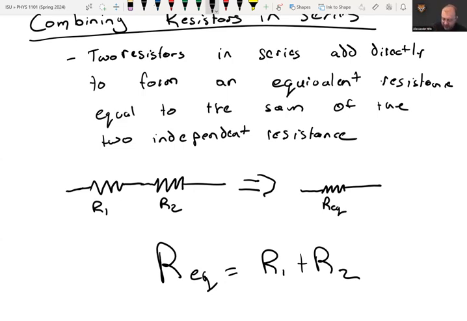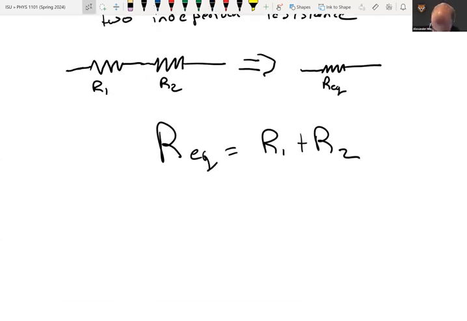The reason for this is that you might not know what the voltage drop across these two individual resistors is, but you might be able to tell the voltage drop across the entire thing.